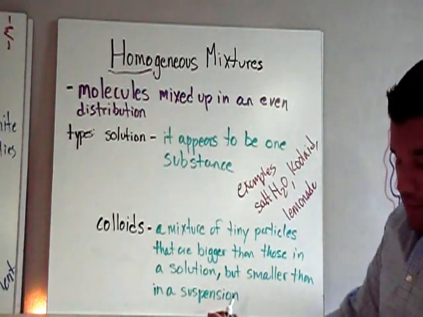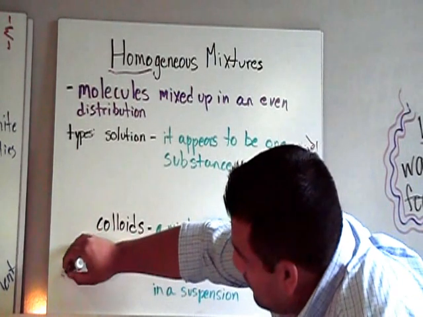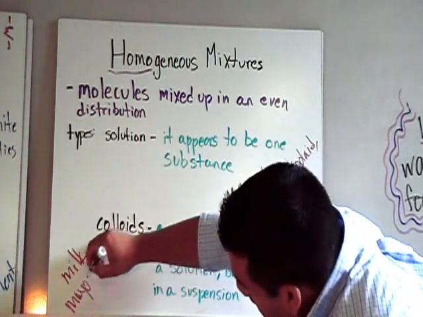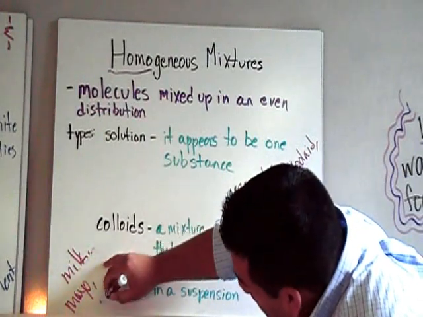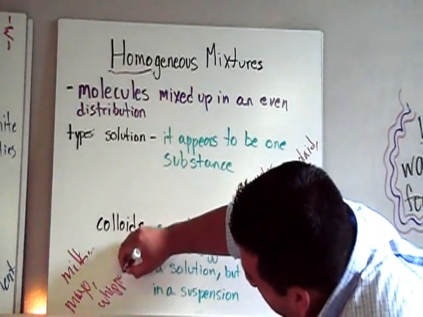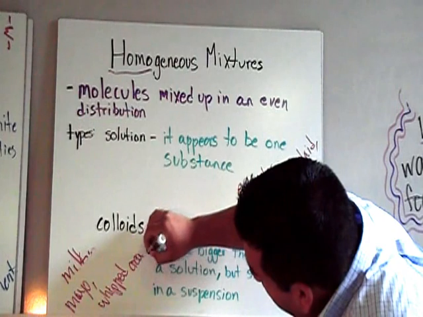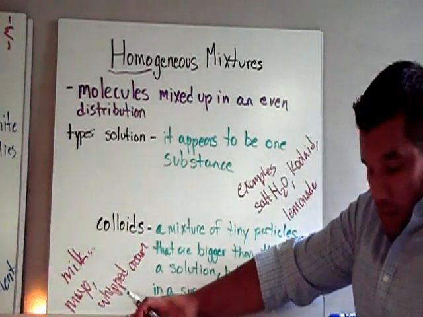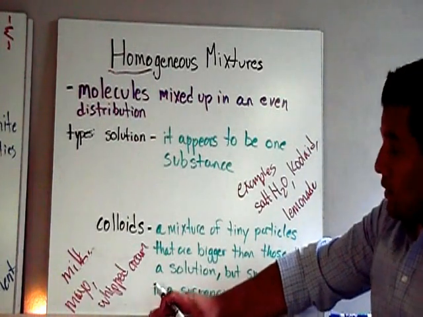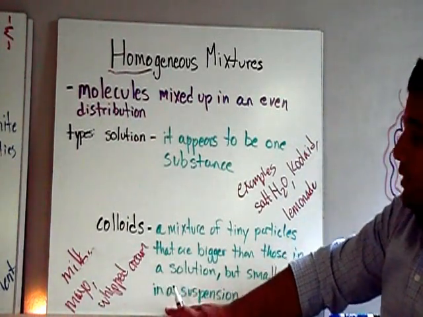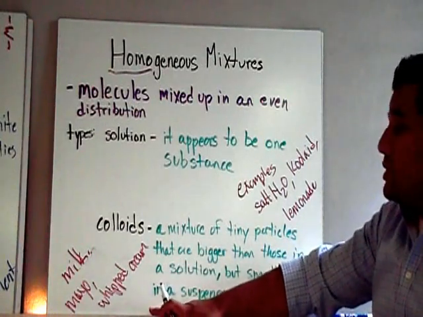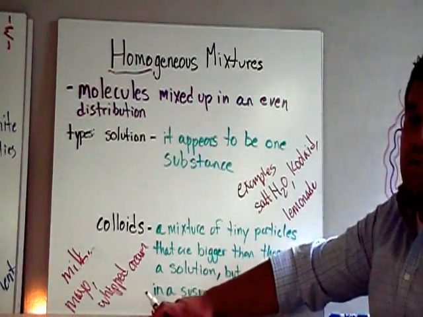Colloids. Okay, examples of colloids. Milk, mayonnaise, okay, whipped cream. You know it's a homogeneous mixture and not a heterogeneous mixture because it does not settle over time.